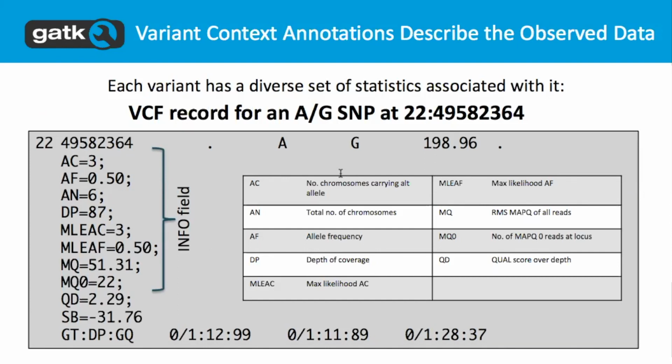It's not mentioned here, but usually VQSR takes advantage of about 7 of those annotations. You can see how some of them can give you an idea about how confident you should be in that variant, such as allele frequency, mapping quality, and depth of coverage. The lower the depth of coverage, the less sure you are about that variant, and so you want to train your model to be able to take advantage of that.